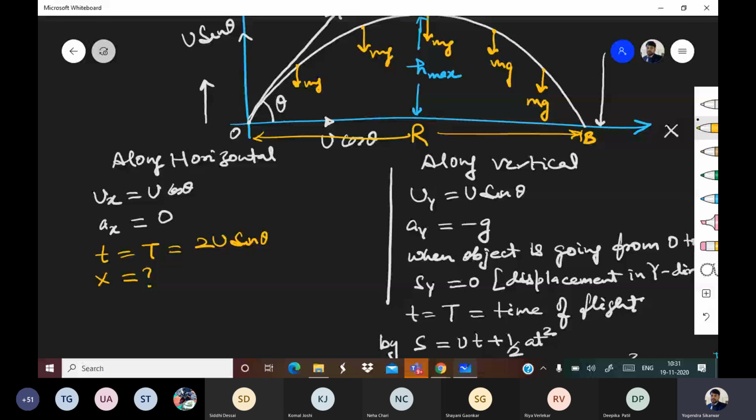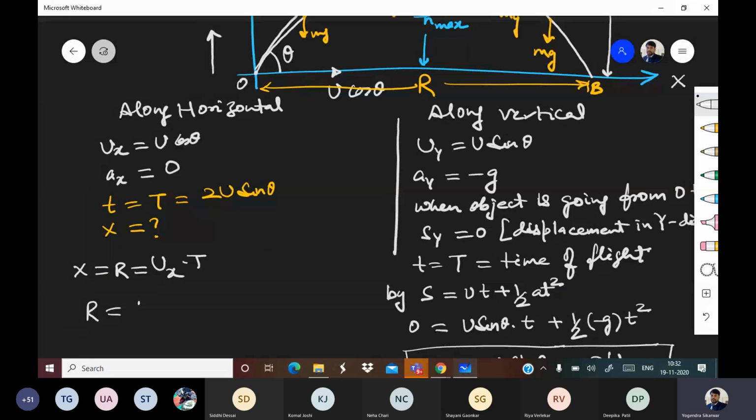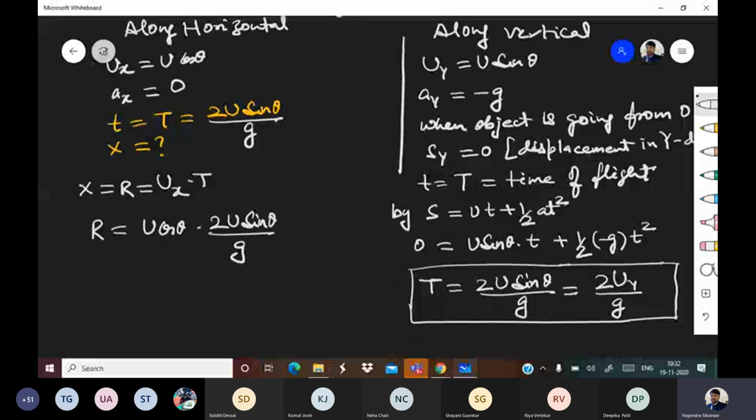So x is equal to R, which will be nothing but ux into t. R is u cos theta into t, which is 2u sin theta by g. So R can be written as u square sine 2 theta by g, and that is also equal to 2 into ux into uy by g.